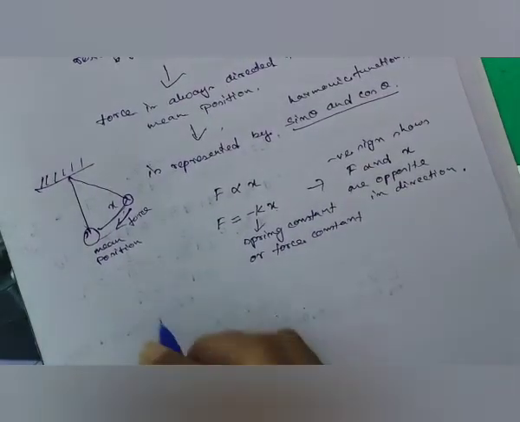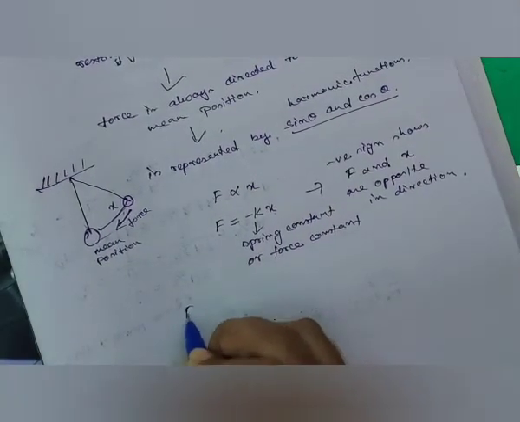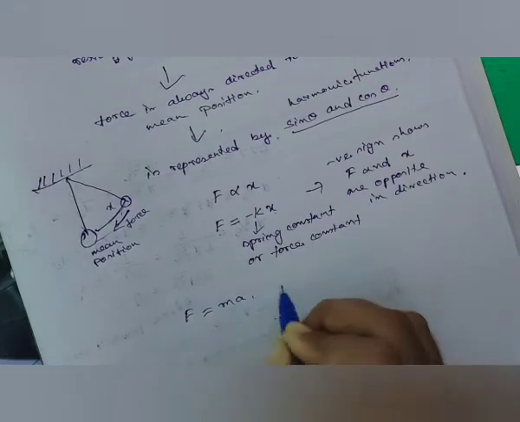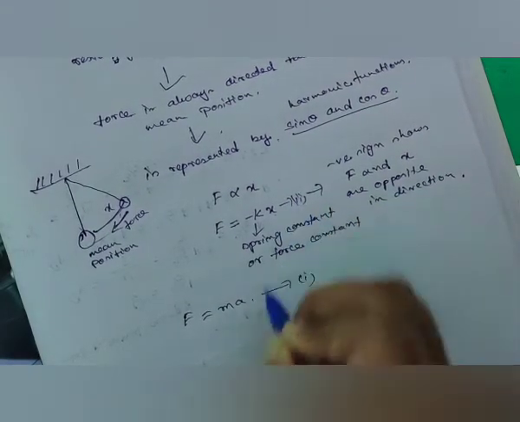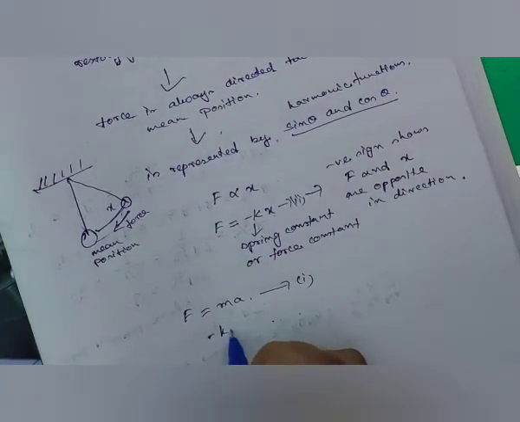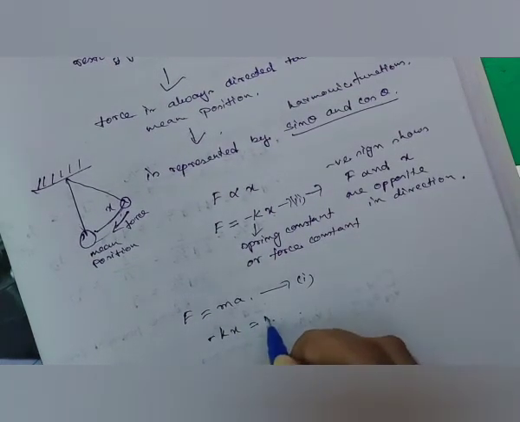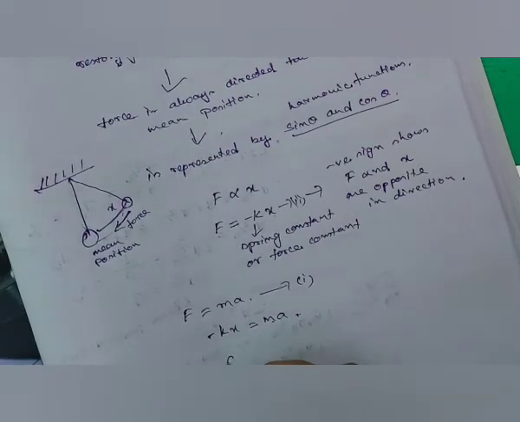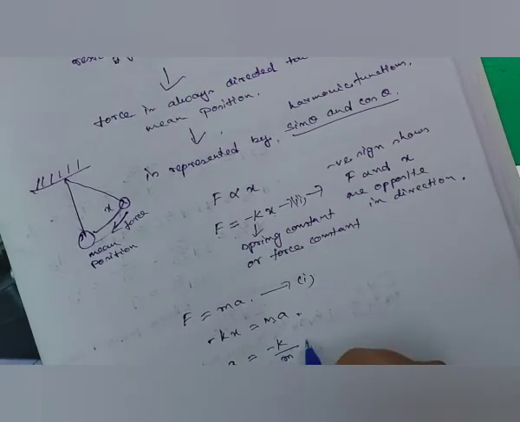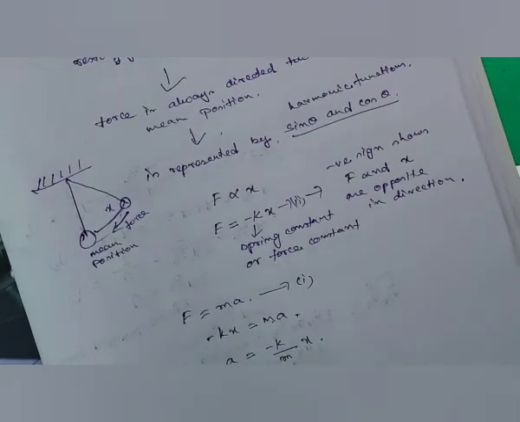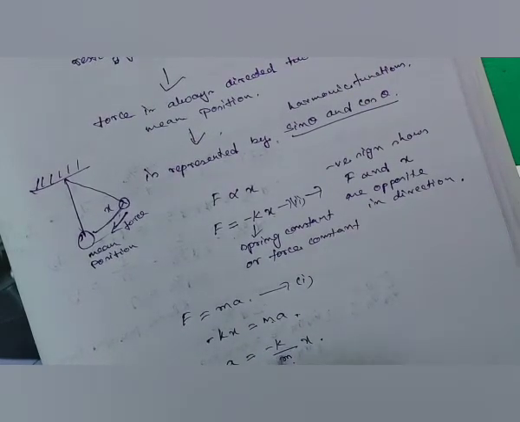Again, from Newton's law, we can write that F equal to ma. So this is equation number 1 and this is number 2. If I relate these, we can write minus kx equal to ma. So a will be equal to minus k by m x. So here acceleration is proportional to x.